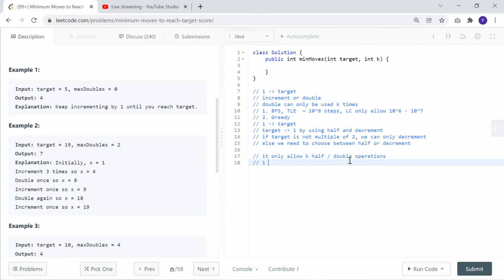So if we have 1, we double to 2, right? Then we only increase the 1 in this situation.